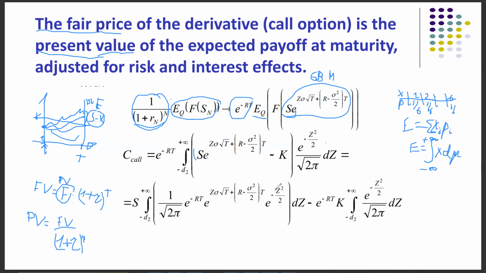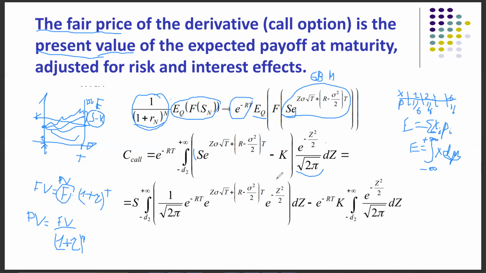It is similar, and dμ is the measure of the normal distribution. The mathematical expectation is of this payoff function.